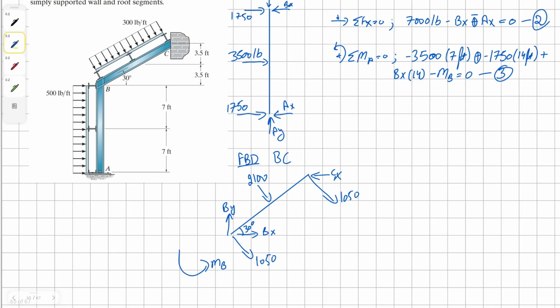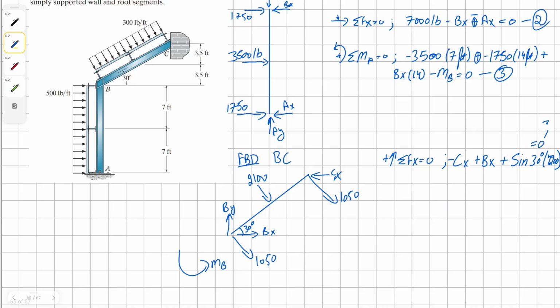So let's solve, first of all, the reaction forces in the x direction. Going to have Cx, positive Bx, and then we have the combined load, which is going to be positive sine 30 times 4,200 equals 0.